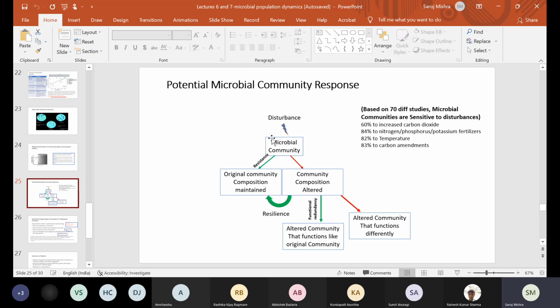Let's say alkaline pH suddenly comes into that particular lake. However, the original community composition is completely maintained. That means this microbial community was resistant. Or the community composition could be altered temporarily, and eventually it may switch back to the original community composition, in which case the response is noted as being resilient.